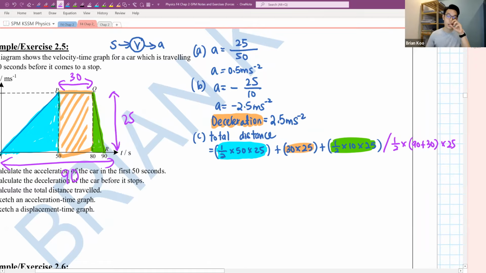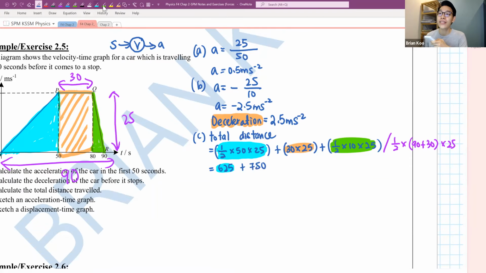You can get the answer straight away. I'm going to calculate out one by one. It'd be great if you have different color highlighters and you can highlight these 3 different parts. Don't have also never mind. Don't worry. 750.